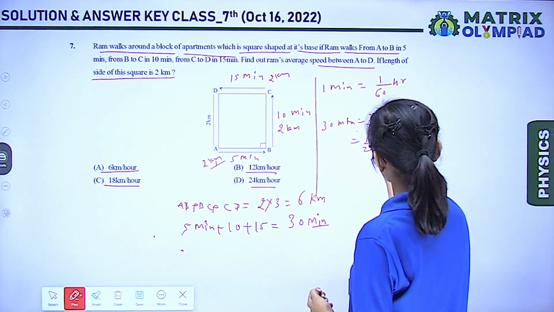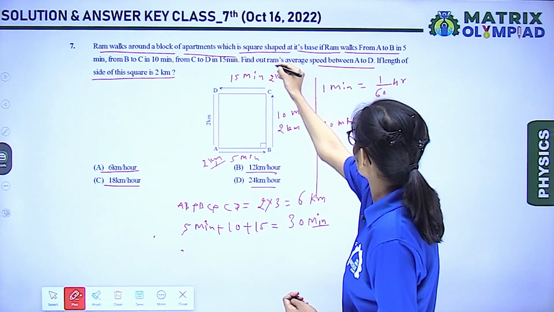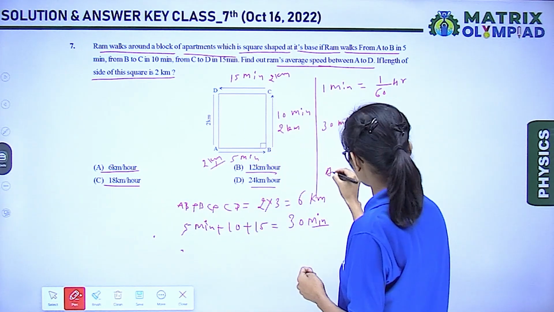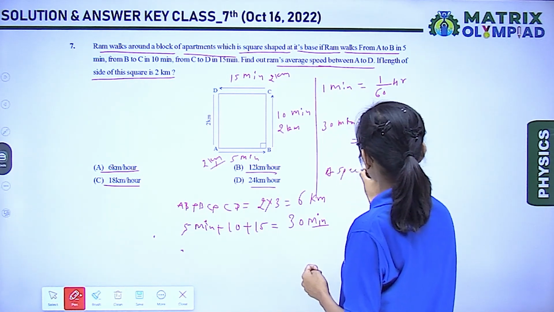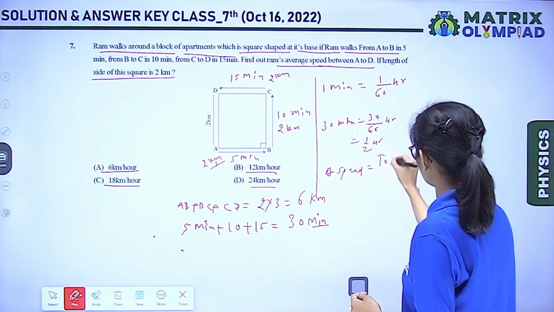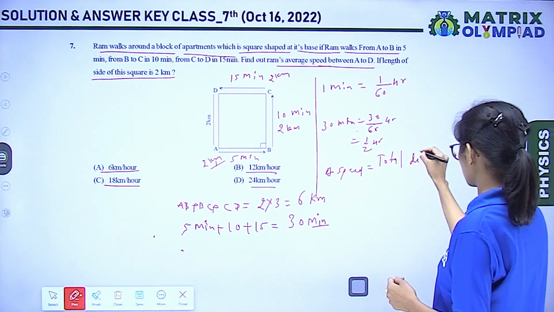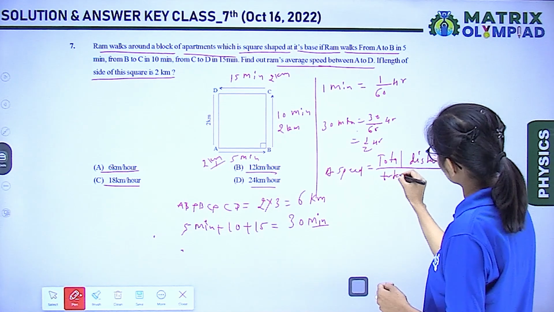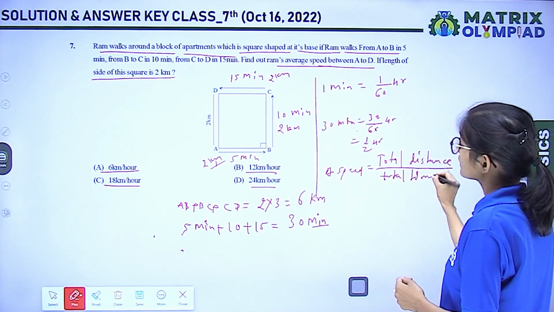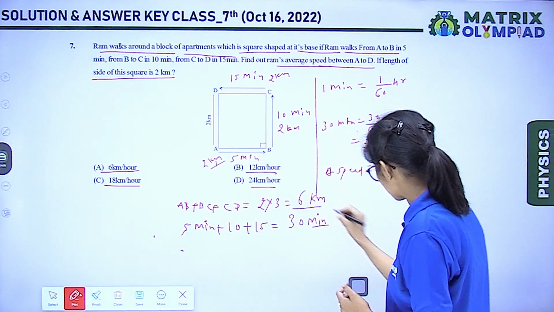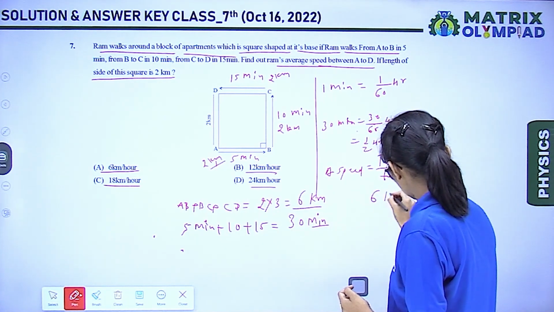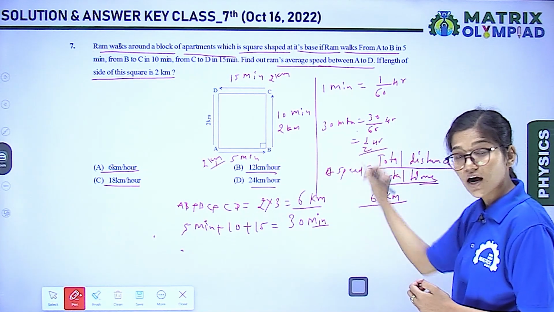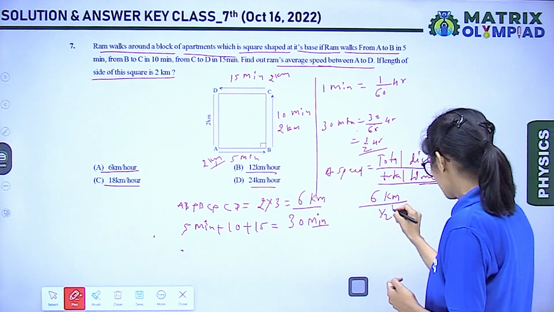Now I have to find the average speed of Ram. So what will be the formula for average speed? Average speed is total distance upon total time. The total distance covered by Ram is 6 km, and the total time taken by Ram in hours is half an hour.